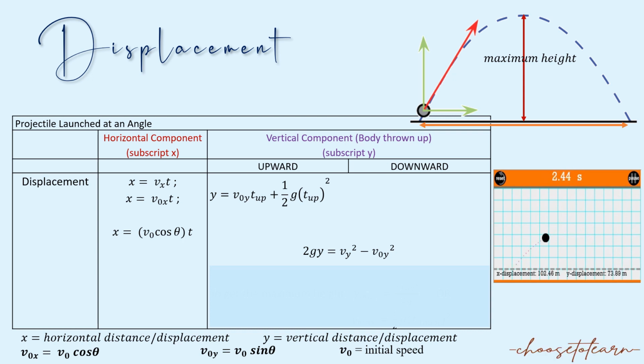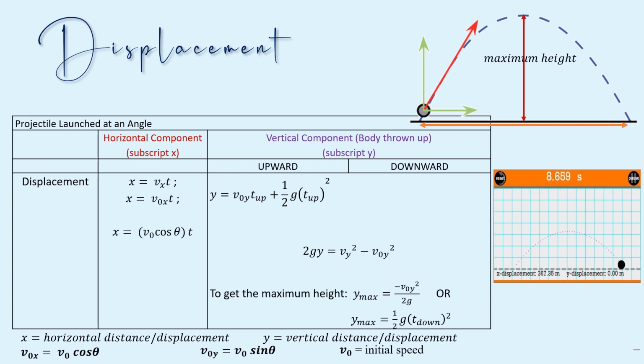How about if you are to find the maximum height that is reached by the projectile? So we will use this formula. That's y max, or y at the maximum, equals negative initial vertical velocity squared divided by 2g, or y max equals 1/2 g t squared.